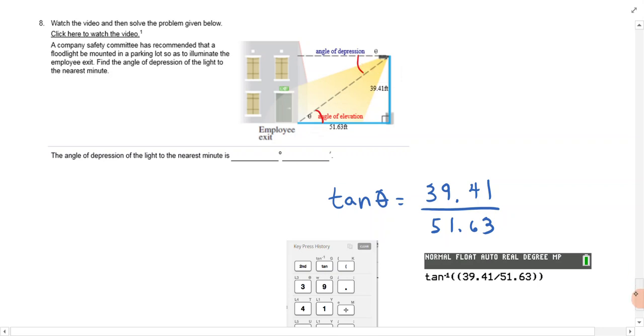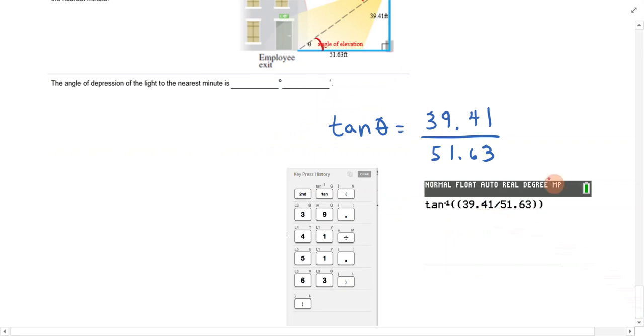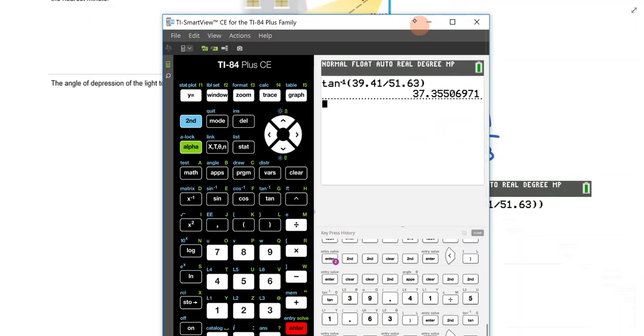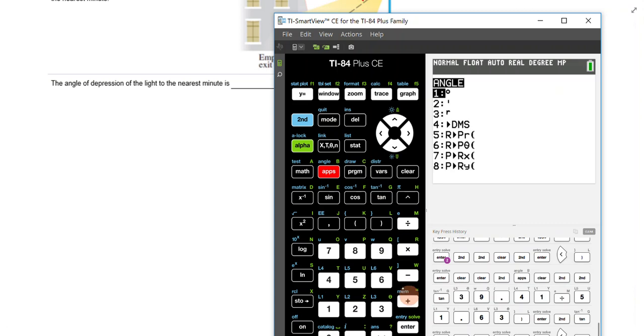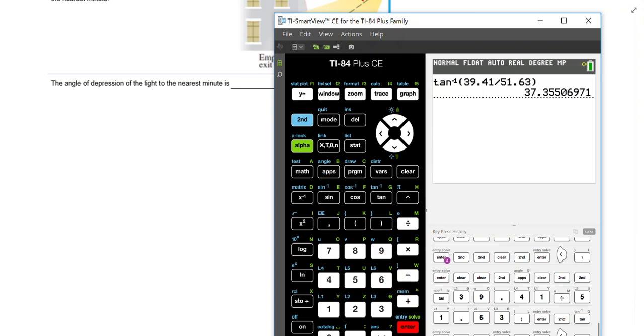So if you do second tan, and I don't think that showed the answer. Let me bring up, let's see. Here we go. So second tan of 39.41, we get 37.3. And so if we change that to degrees, minutes, seconds, we get 37 degrees 21 minutes.